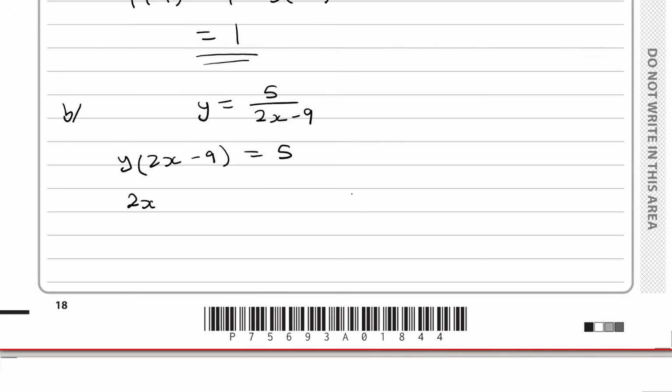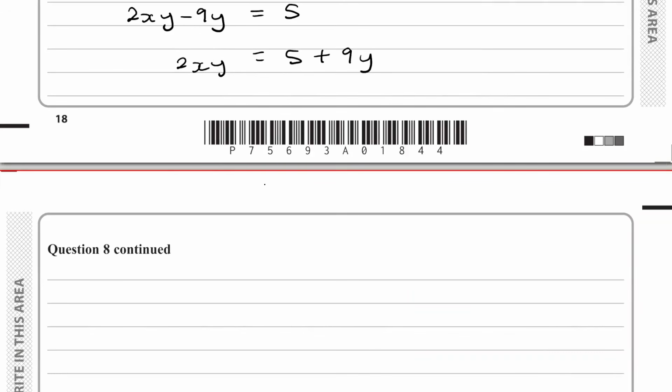So 2xy minus 9y equals 5, 2xy equals 5 plus 9y, x is equal to 5 plus 9y over 2y.